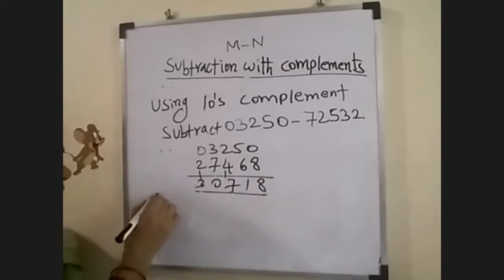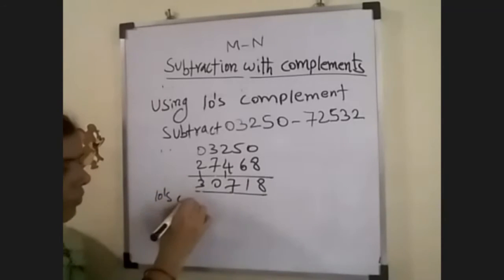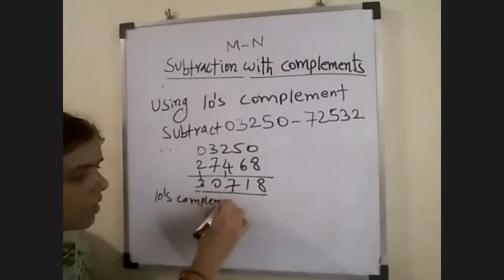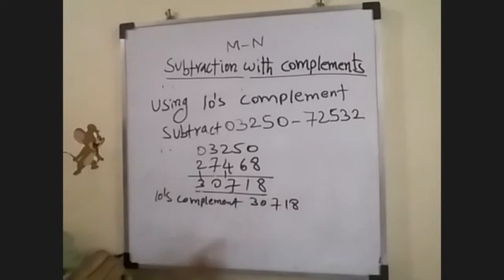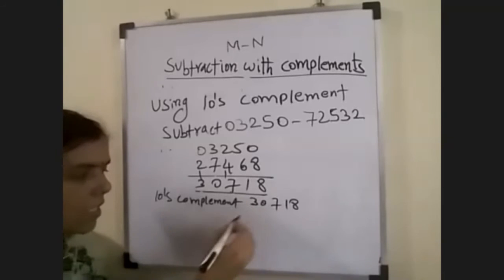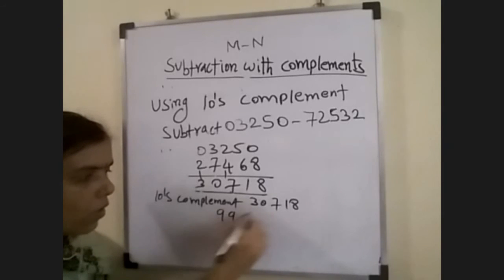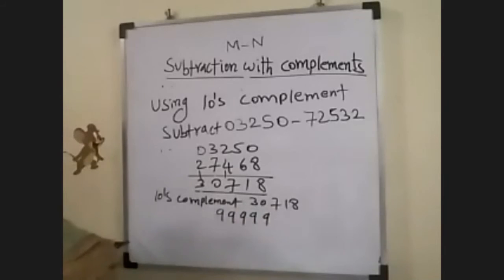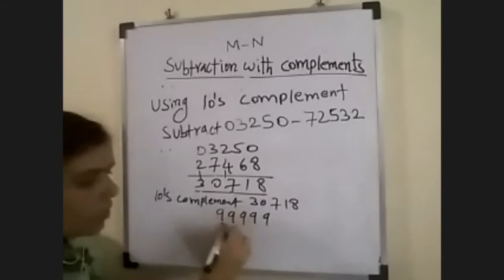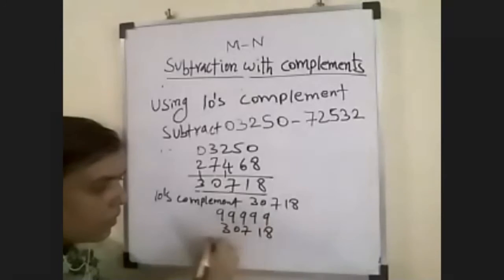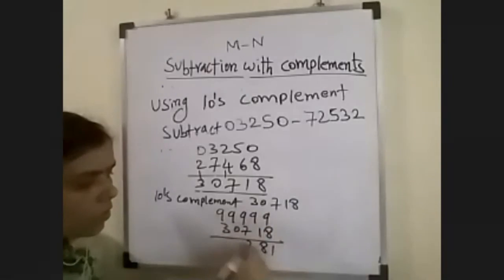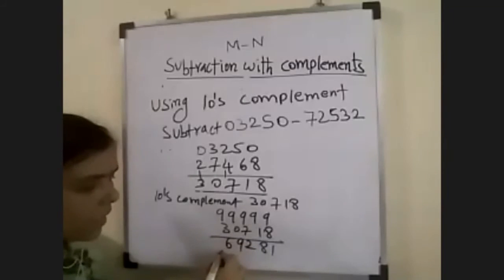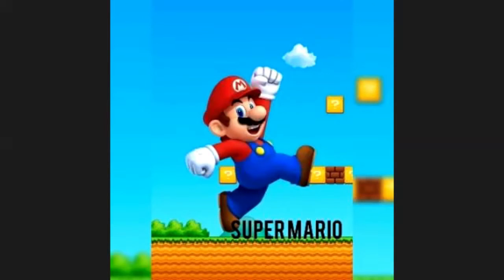Now the 10's complement of the result 30718. How many digits are there? 5 digits. The 9's complement is 69281.